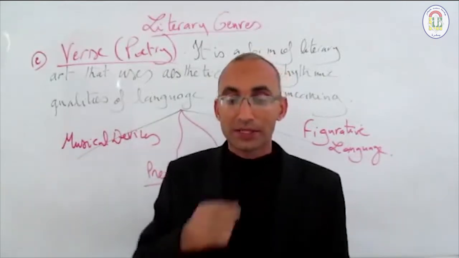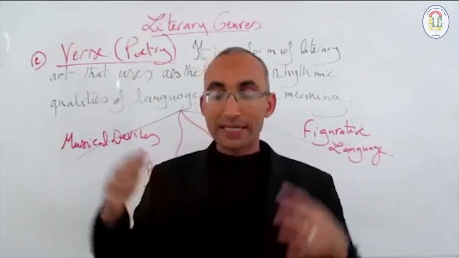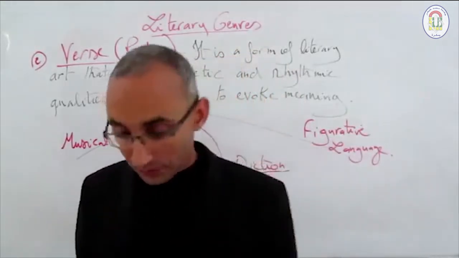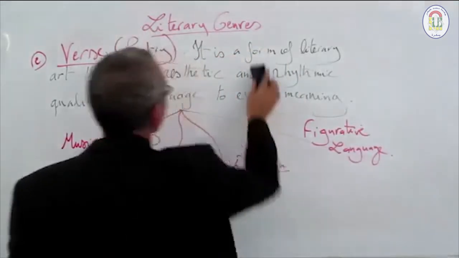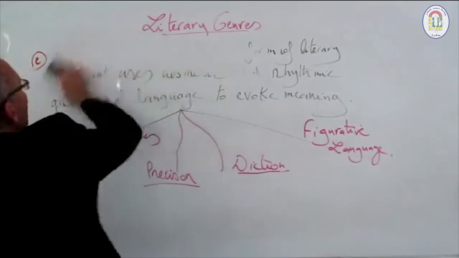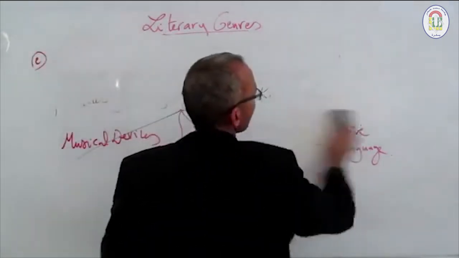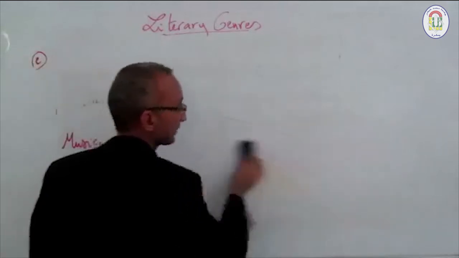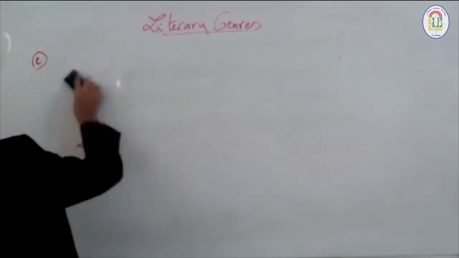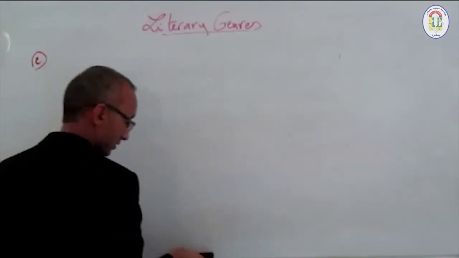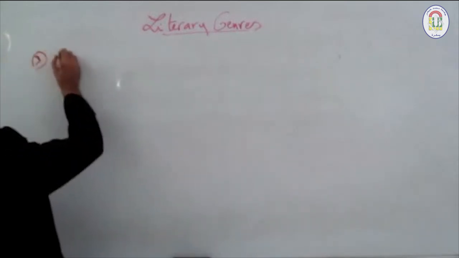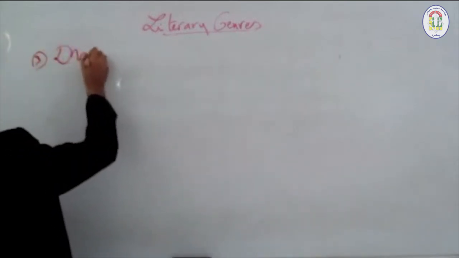Now, let's first write the third genre, number 3, drama: literature which is intended to be performed, to be acted in front of an audience in the theater. Number 3, you write here, drama.